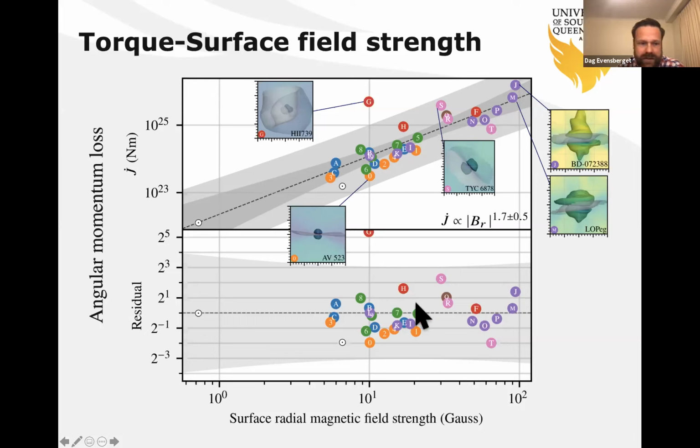It's very notable that there's a large residual here, a factor of 8 on either side, so it's 64. So plotting like this, there's a large amount of angular momentum loss variation that is not explained by this average magnetic field strength.